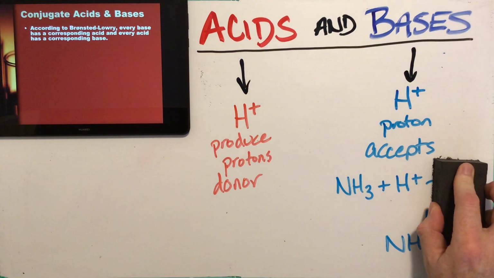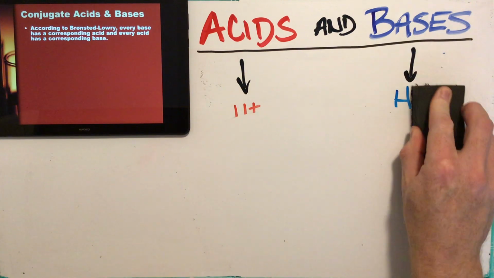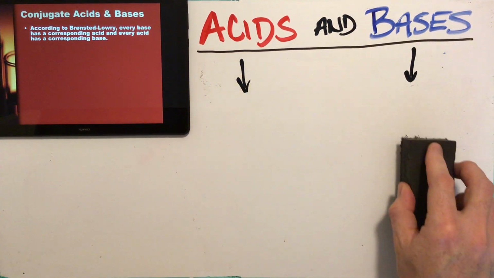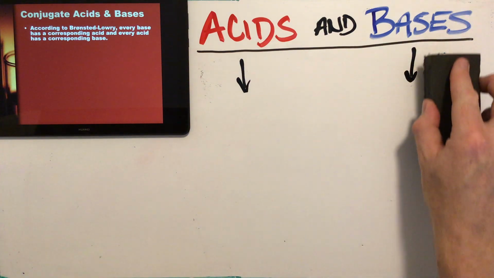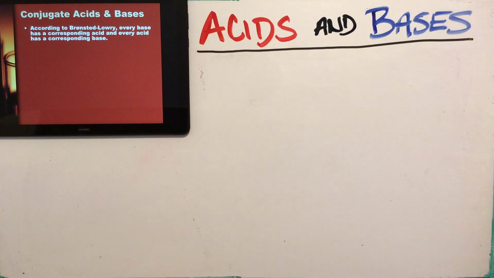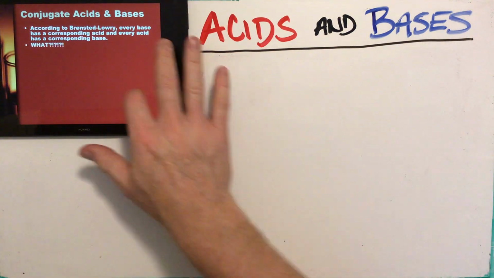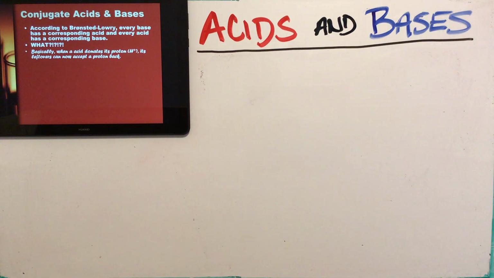So according to Bronsted-Lowry, every acid has a corresponding base and every base has a corresponding acid. What the heck do they mean by that? So let's take a look. Basically, when an acid donates its proton, its leftovers are now capable of taking that proton back.